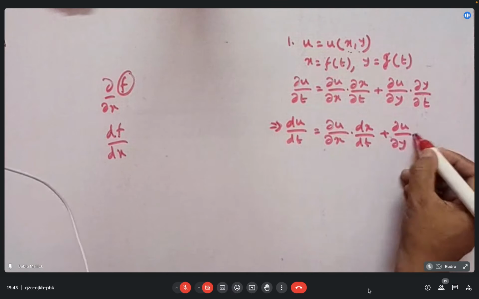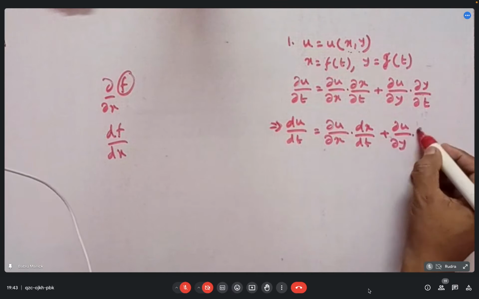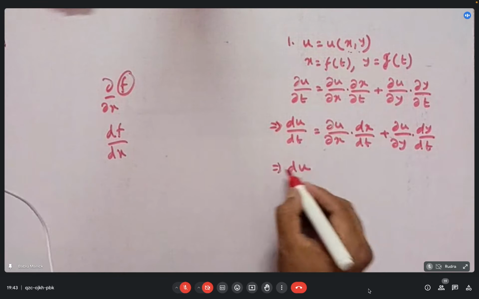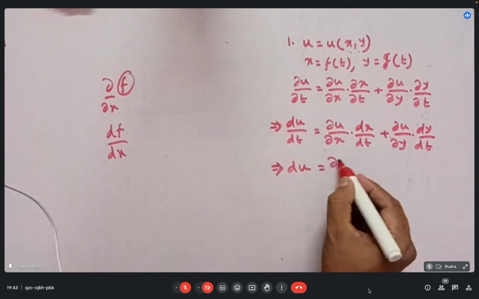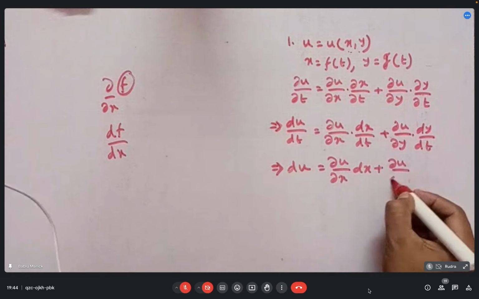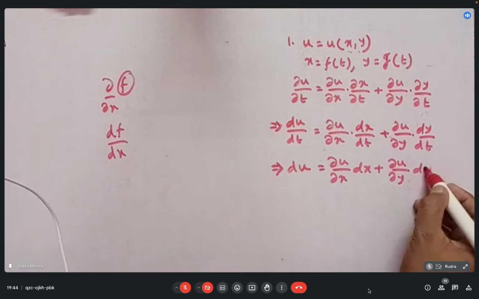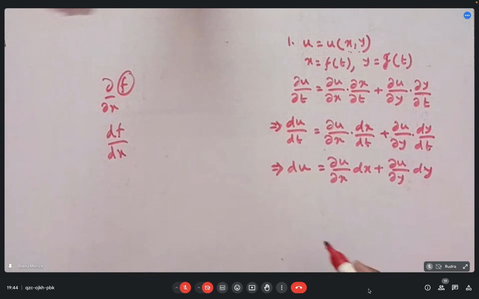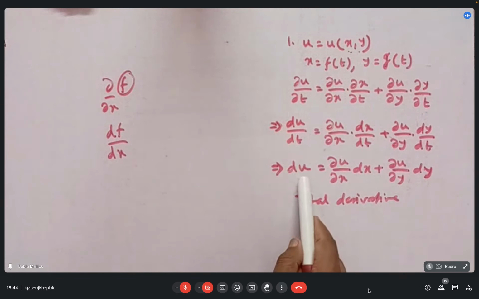Similarly, del u del y, and it is dy dt. If we cancel all dt, then we get du is equal to del u by del x into dx plus del u by del y into dy. This is known as total derivative. We have used this result in solving exact differential equation. We have done it. So this is the first result.